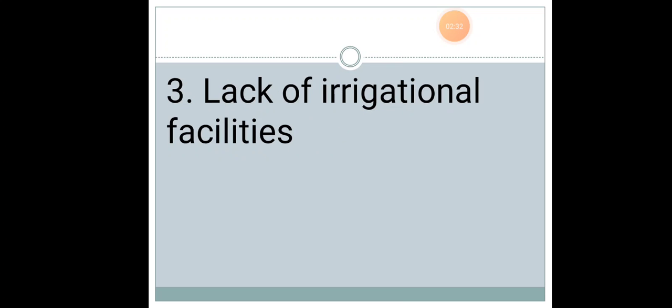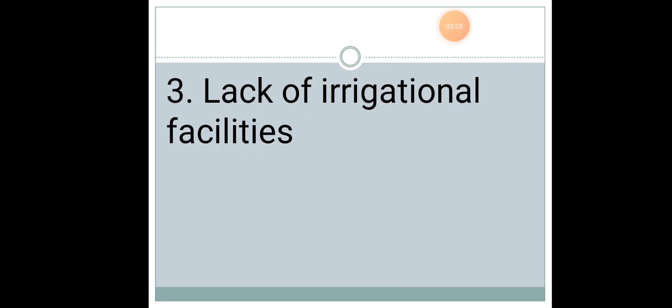Next thing is about lack of irrigational facilities. How does the lack of irrigation facilities affect unemployment? We had studied under types of unemployment about seasonal unemployment. Irrigation is an agricultural thing, and the agricultural person will not be employed for the whole year, only for a certain period, when there is either rain or a proper water facility for the plantation.